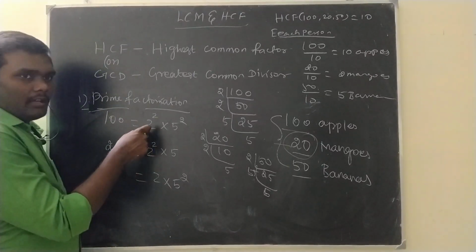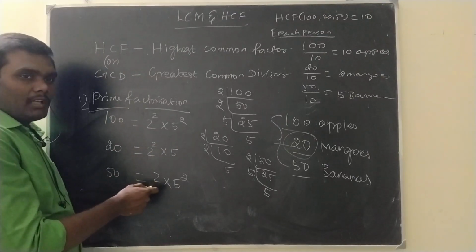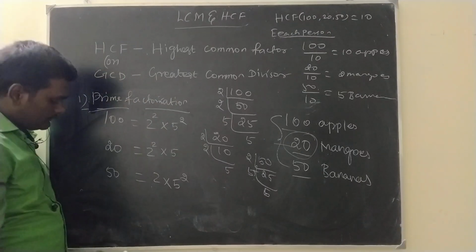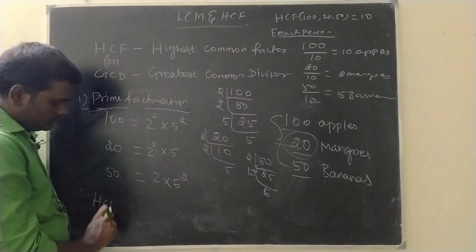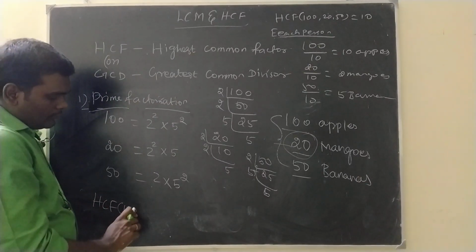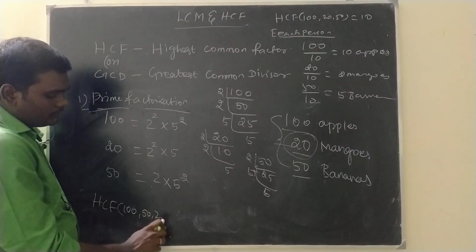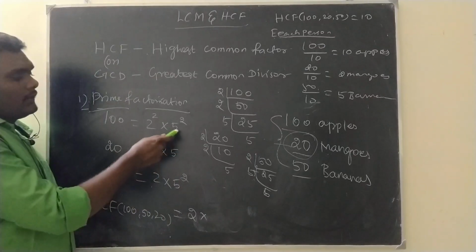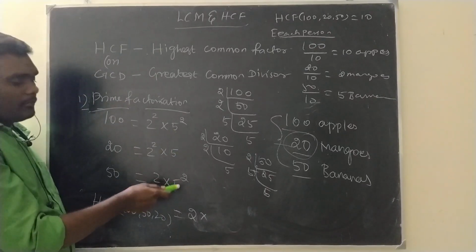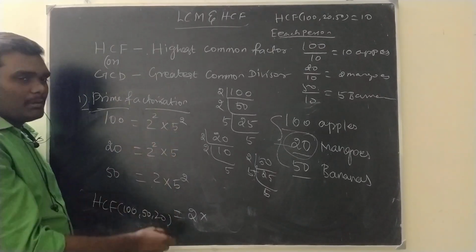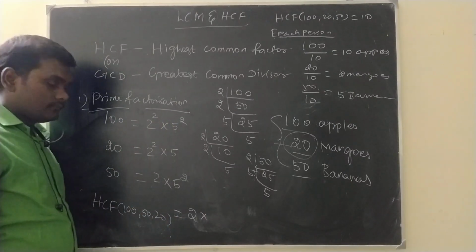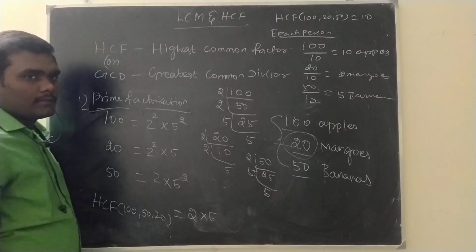See, here 2 times 2 common, 2 times 2 common, only 1 time 2 common. Then how many 2's are common between all these 3? 1 time 2. So 2 is common between all these. See, here 2 times 5, here also 2 times 5, here 1 times 5. How many 5's are common between these 3? Only one 5 and nothing else.